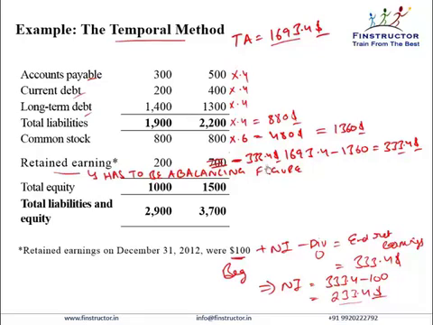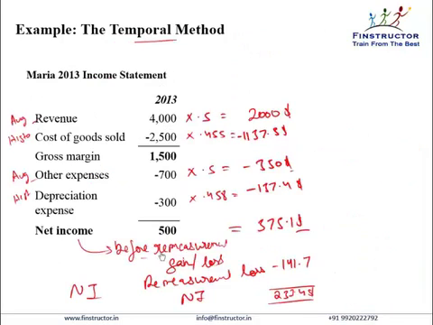Once we have the retained earnings, we can back calculate what net income is needed to get this retained earnings. So with the beginning retained earnings of $100, the net income needed is $233.4. Before any remeasurement, we have a net income of $375.1. To bring this number to 233.4, we need a remeasurement loss of $141.7.